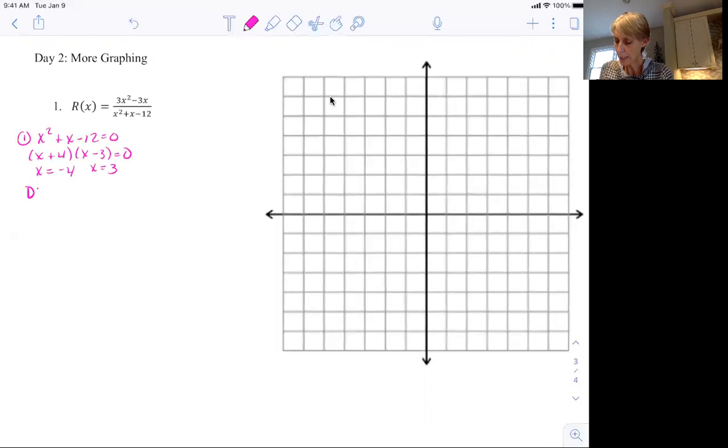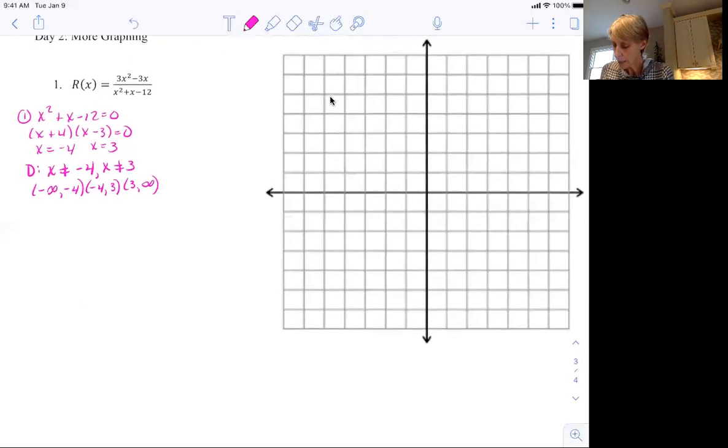So our domain is x can't equal -4 and x can't equal 3. Another way we could write this, don't forget, is -infinity to -4, -4 to 3, and 3 to infinity. And this way you kind of see the breaks in the graph.